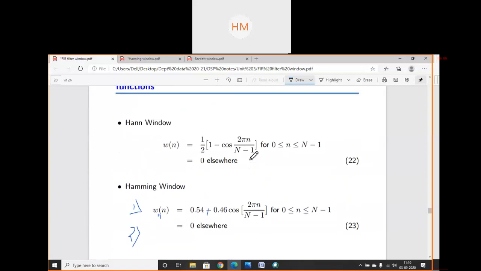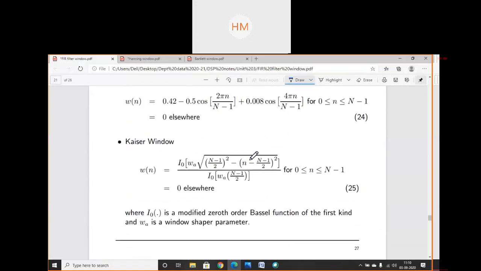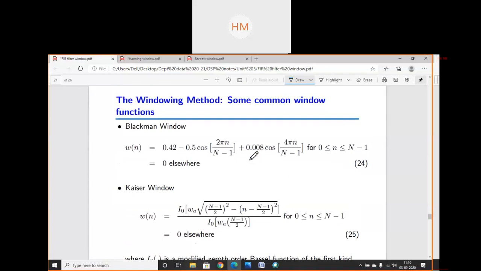The Hanning window is done, the Hamming window is done. Okay, the Blackman window you have written. Now one more window is left, which is very complicated to simplify, but it gives very good results, and that window is known as the Kaiser window. That we will discuss later on.